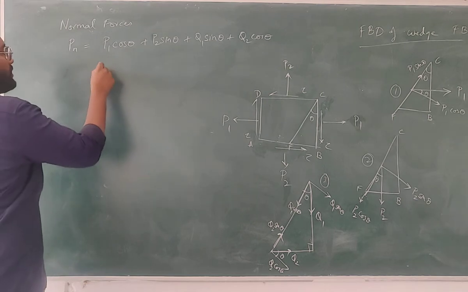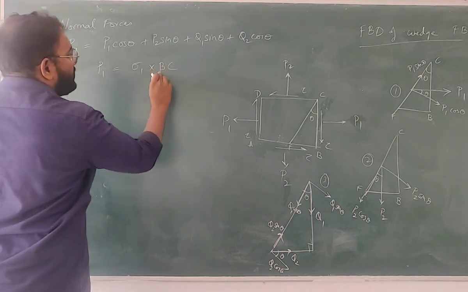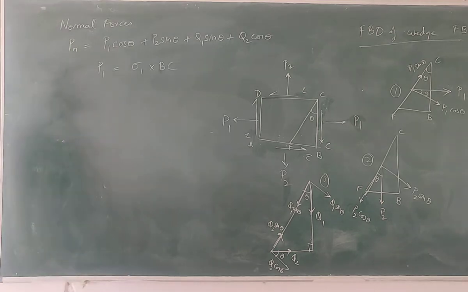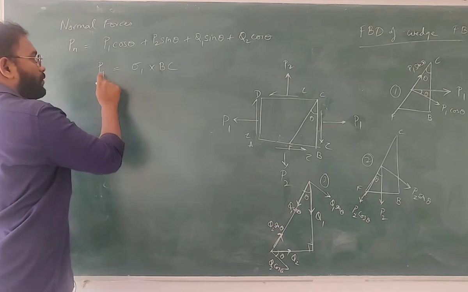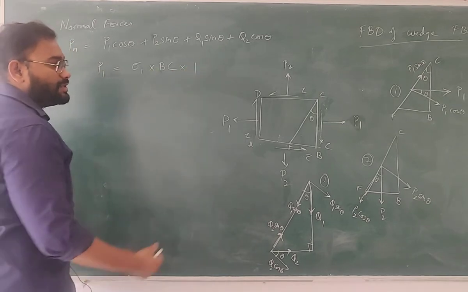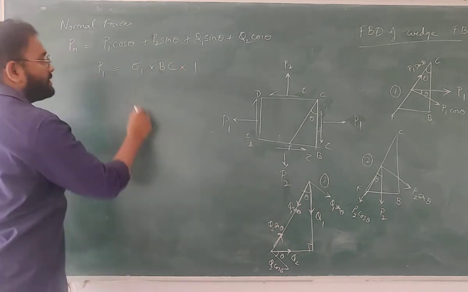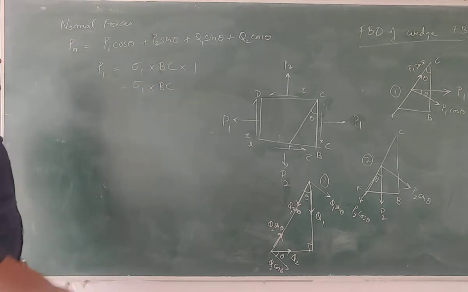If you see, P1 is equal to sigma 1 into BC. P1 is acting on this face, right? So if I want to calculate force, it will be stress multiplied by area. Of course, 1 is there because the thickness is 1 unit, so P1 is sigma 1 into BC.